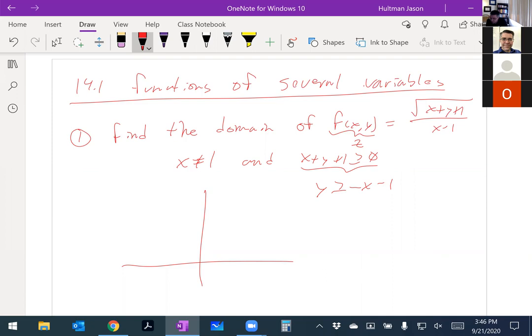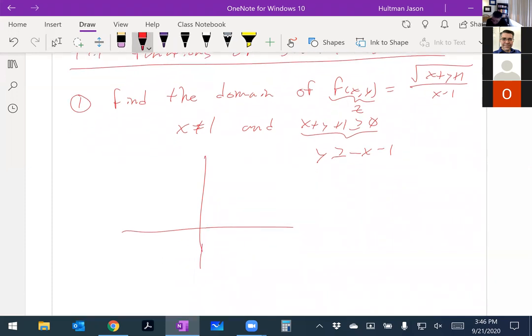Instead of having a linear domain, we're having a region in the Cartesian coordinate system. So this one has a y-intercept of -1, and a slope of -1. So we get this nice line here.